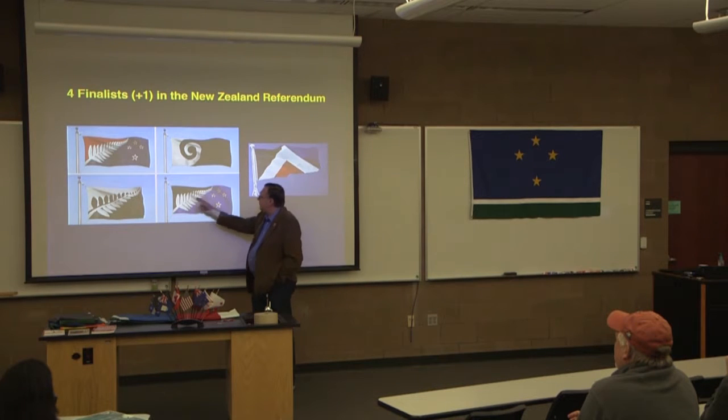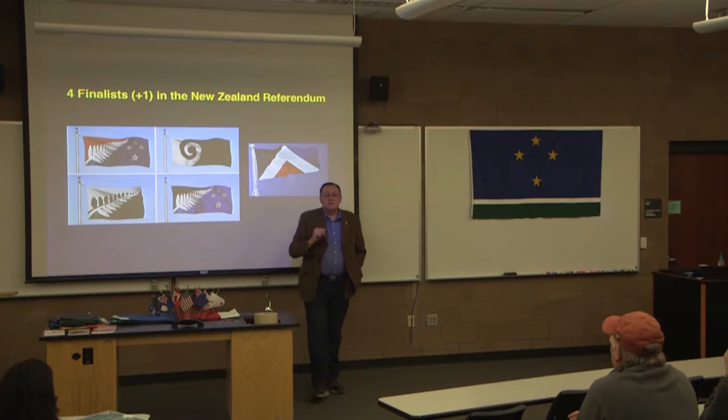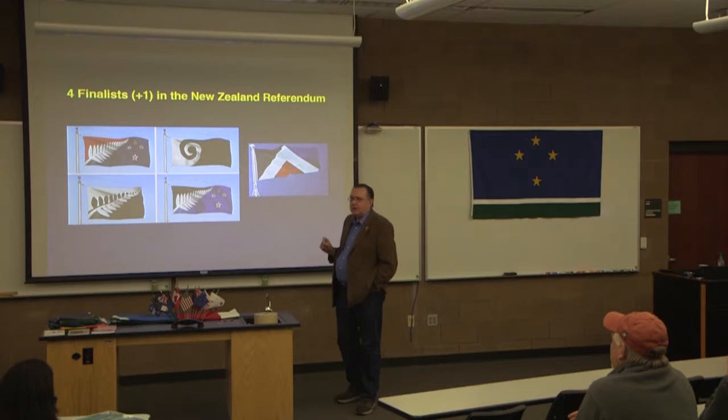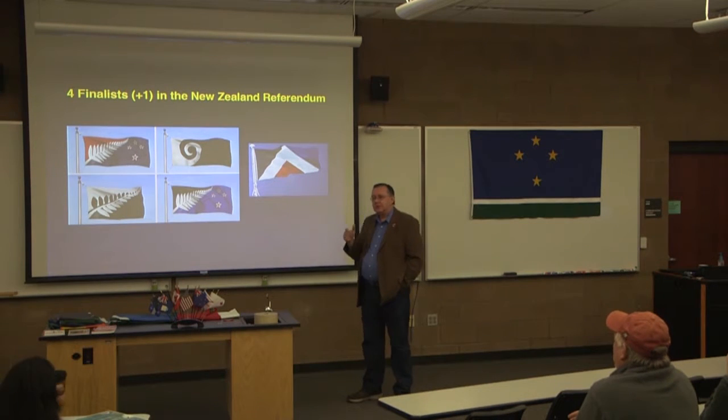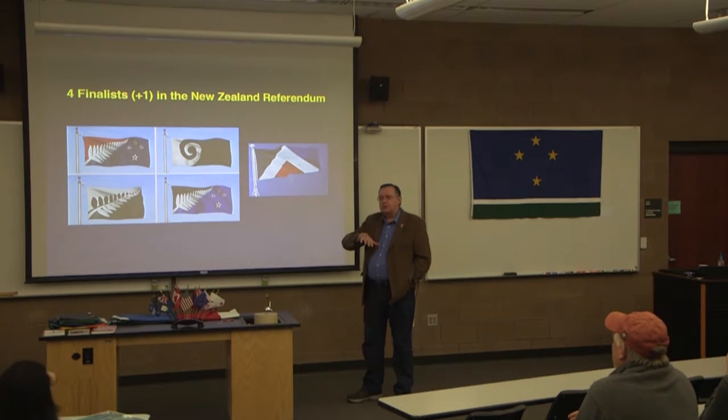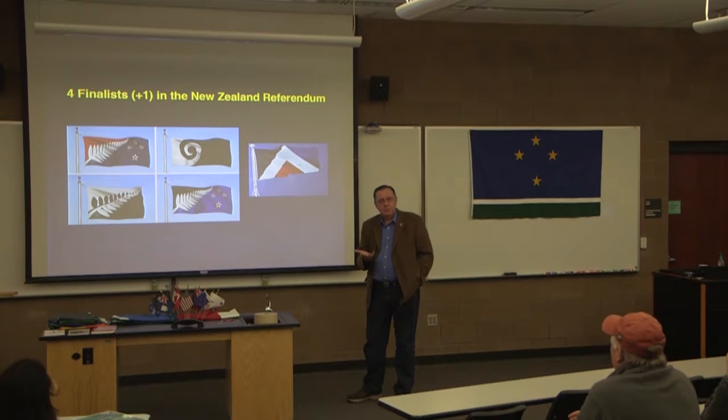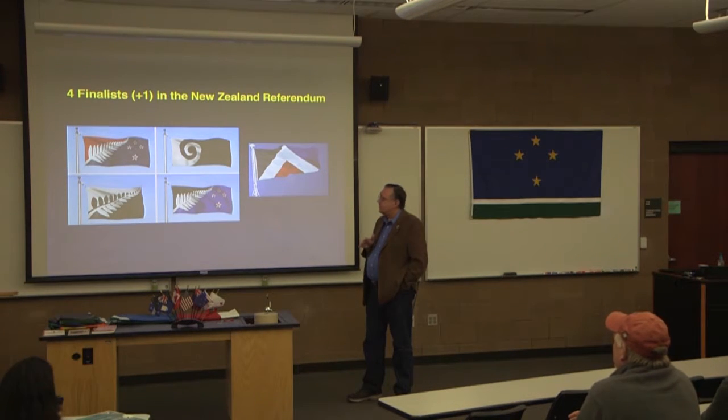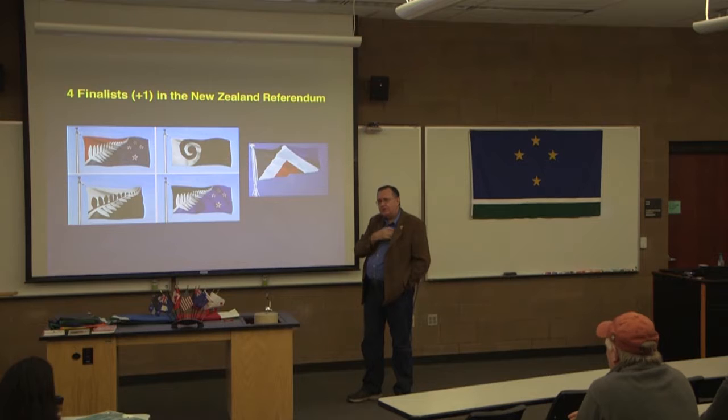Now, the reason for this is the silver fern. Silver fern has been iconic throughout New Zealand's history. The silver fern is an actual plant that the underside of it is white. And it's unique to New Zealand. And so, military officers, early days, would have a silver fern on their uniform to say, I'm from New Zealand.